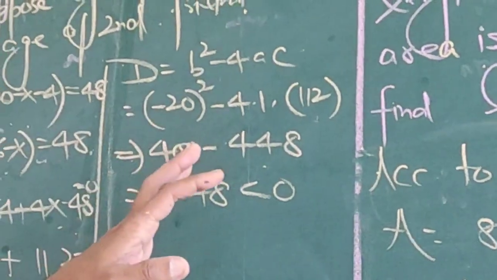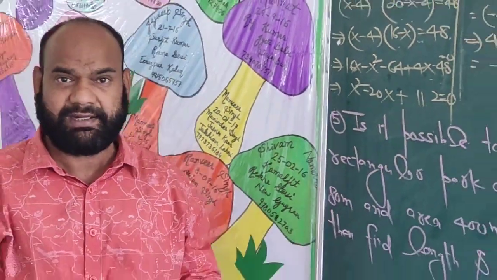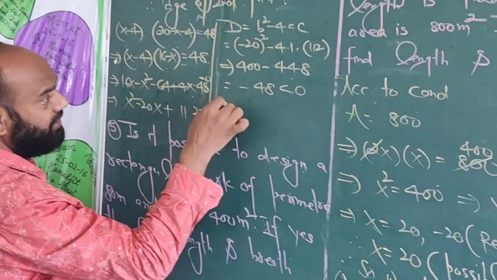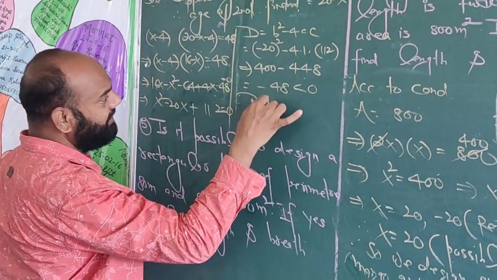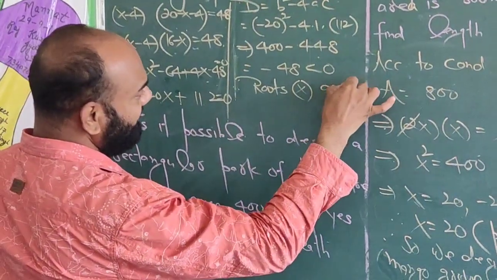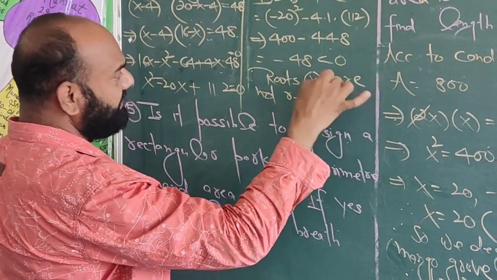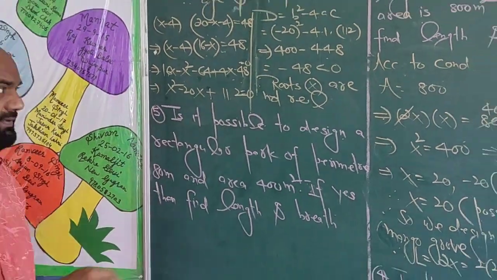And in the nature of roots, we know when D is less than 0, then roots are not real. Therefore, roots, meaning the values of x, are not real. So this situation is not possible.